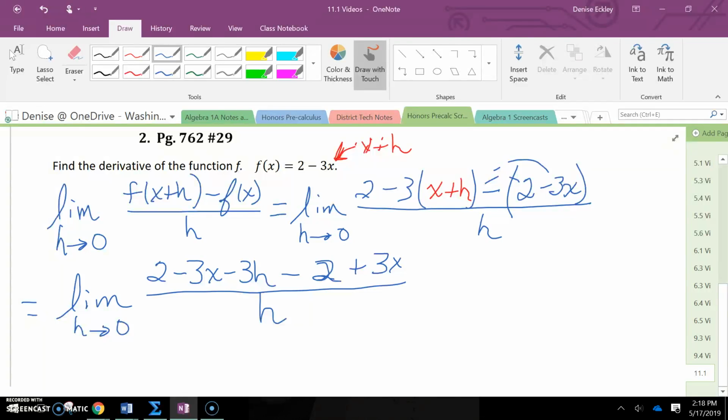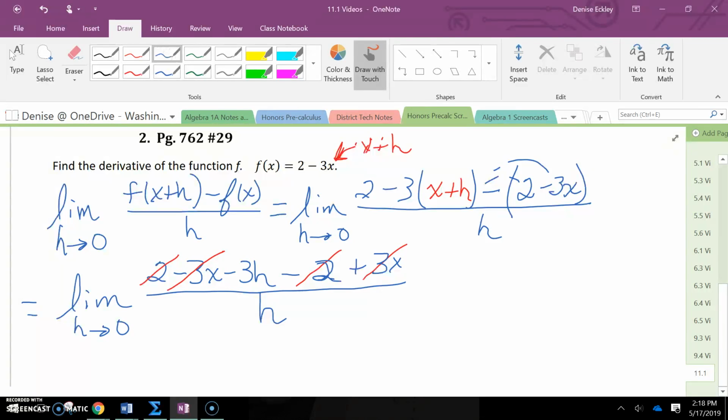Now, if we're doing this correctly, so the limit does exist, every term that does not have an h in the numerator should have an opposite term as well, so they cancel out. We have a positive 2 and a minus 2, they'll cancel. We have a minus 3x and a positive 3x, they will cancel.